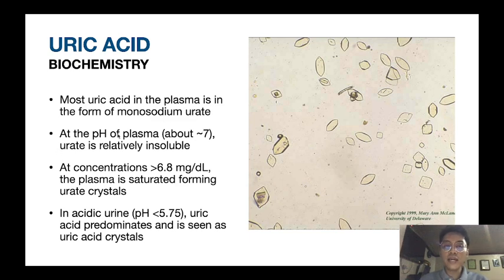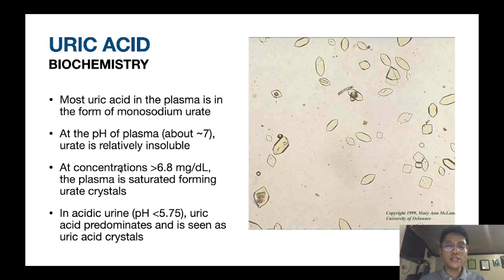So, dyan sa pH ng plasma, urate is relatively insoluble. So, konti lang ang nadidissolve na urate sa plasma. That is why kapag increase ang iyong urate, increase ang iyong uric acid, those will become deposited sa ating joints, sa ating tissues. That's why maging gouty ang ating patient.